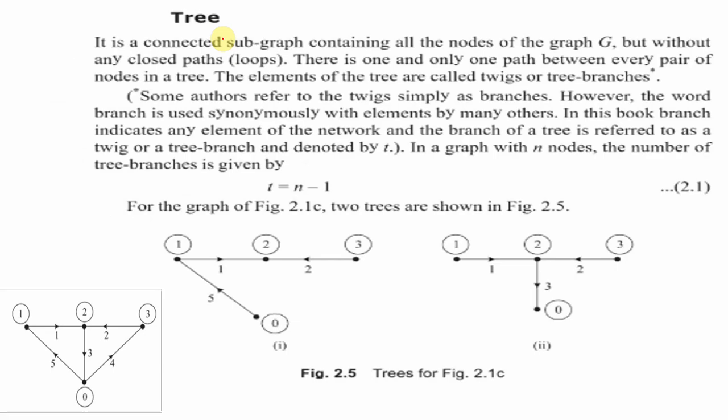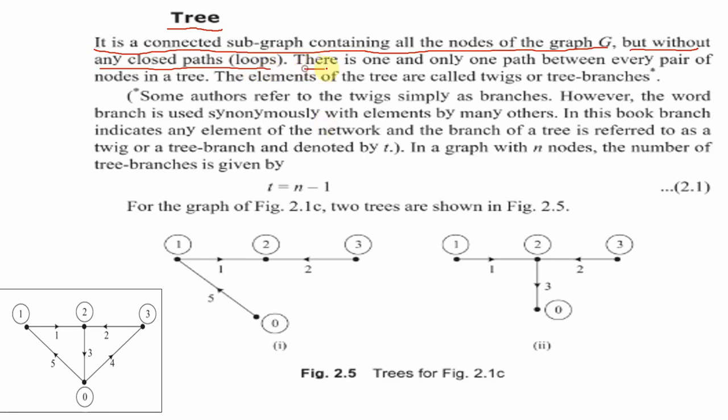Now let's see the next point, a tree. It is very important in examinations, different MCQ questions are designed on the basis of this concept of a tree. So what is meant by a tree? It is a connected subgraph containing all the nodes of the graph G, but without any closed path or loops.